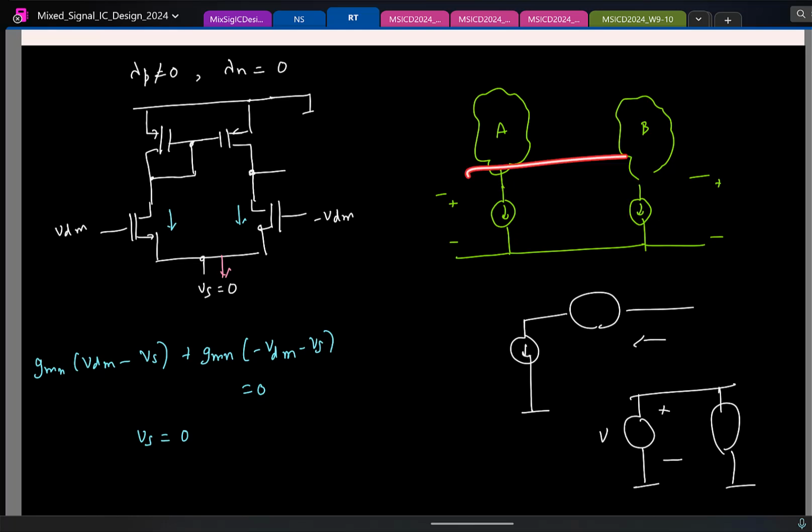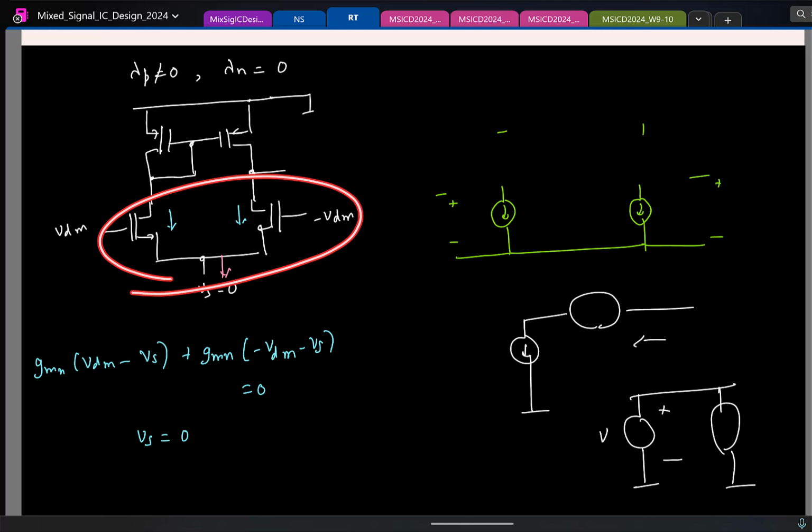So it doesn't matter what I connect here, it doesn't get affected. So for argument's sake, I can even say that this is not even there. Even if it's not there, the bottom part of the circuit is going to function the same way. And now with respect to the bottom half, the network is obviously symmetrical. So it makes sense that even this node should be 0. So again, it is the same argument of symmetry, and here you can invoke this because we have ignored the channel length modulation for the NMOS.